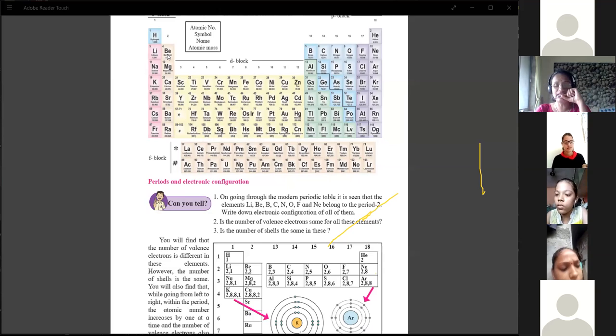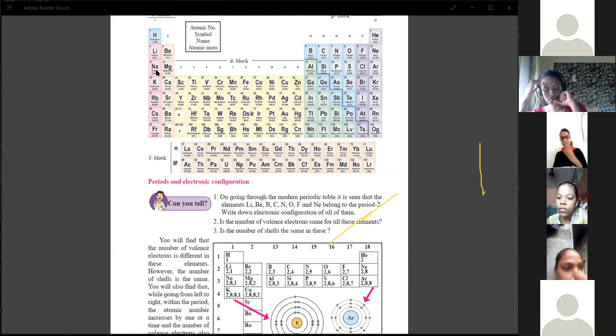The elements are lithium, silicon, helium, neon and phosphorus. Which of these elements belong to period 3? Look at it: 1, 2, 3, that one is the period 3. Sodium, silicon and phosphorus.